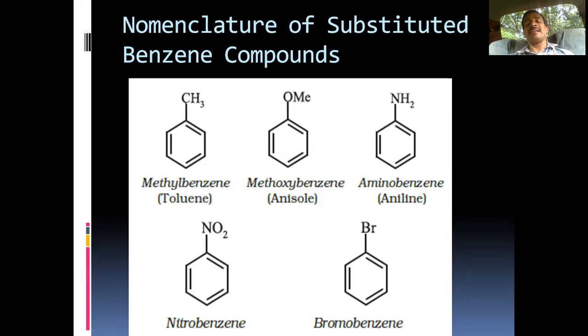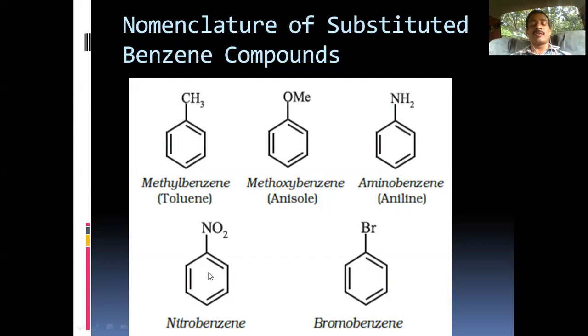Aminobenzene can also be named as benzenamine, or aminobenzene, or aniline. These are the names that can be given to C6H5NH2, where an NH2 group is substituted in benzene.